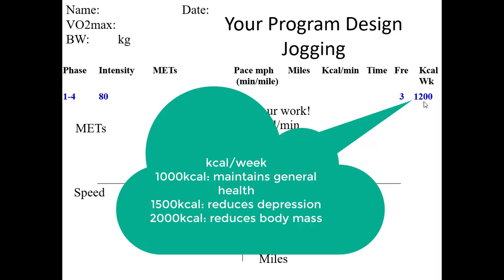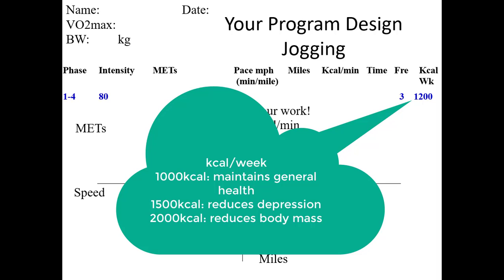How about class? Does that make sense? And the next one: if we want to maintain a healthy body mass, or reduce body mass, you need 2000 kilocalories per week. Does that make sense? Like this kind of approach.